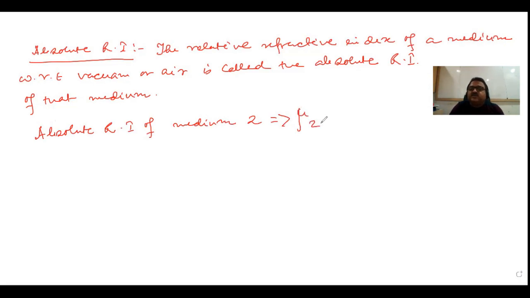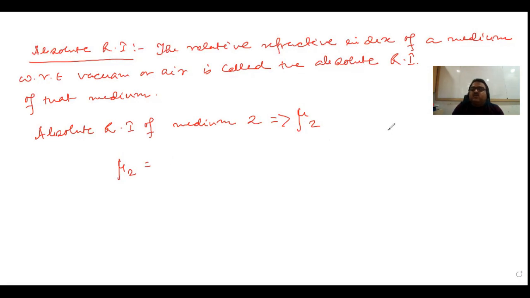That's enough. We don't have to mention anything in superscript, correct? So this is enough. So what is the definition? Mu 2 is equal to the relative refractive index of a medium with respect to vacuum or air is called absolute refractive index.